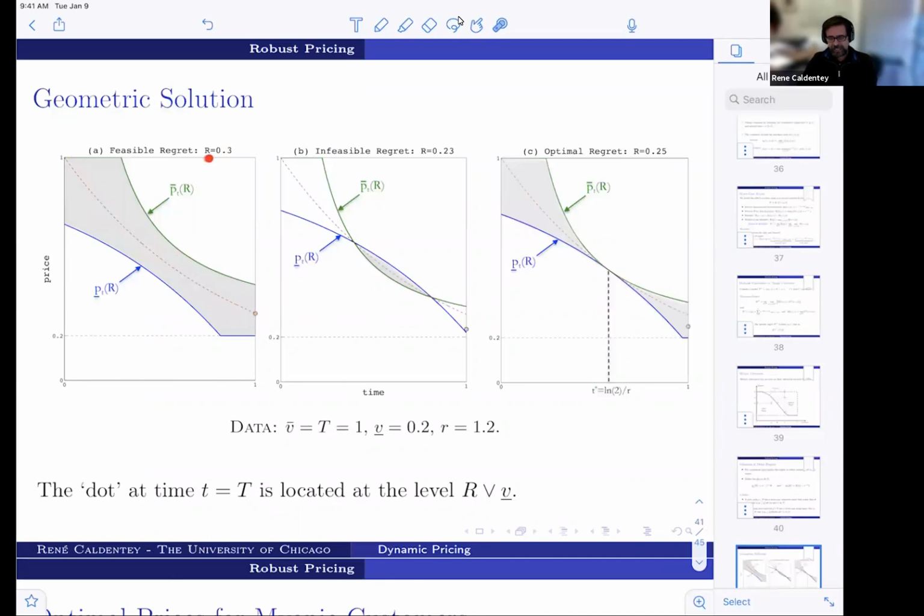Now, if you try to cut the regret to, say, 0.23, then you reach this region where you want a price trajectory that is below the green but above the blue that's invisible. When you look at the optimal regret, you want to find those two curves so that they still keep some feasible region, which is precisely when these two intersect. And that's how you characterize the optimal regret that you can have in this case.